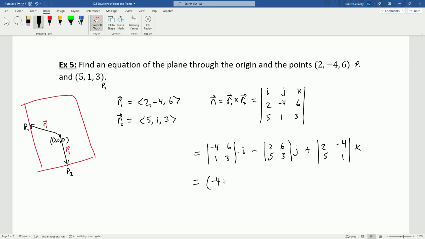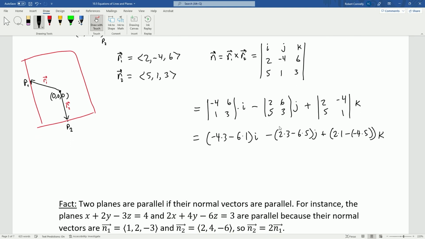So we get (-4 times 3 minus 6 times 1) i, minus (2 times 3 minus 6 times 5) j, plus (2 times 1 minus -4 times 5) k.